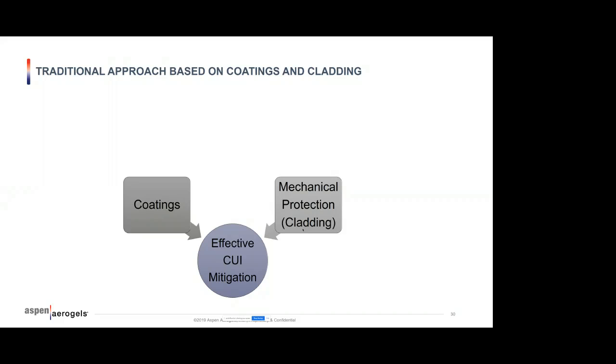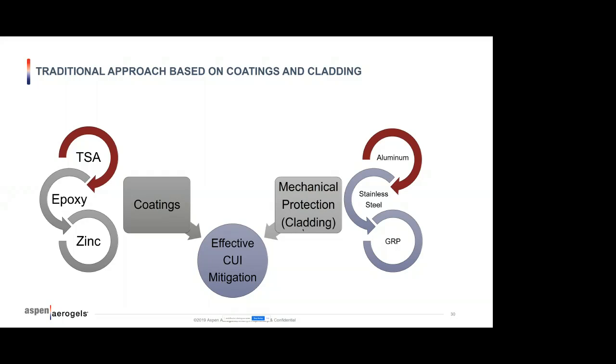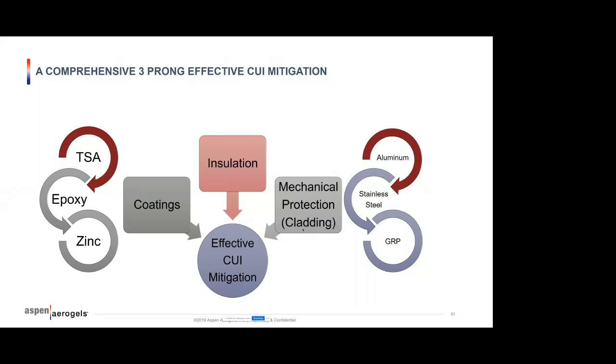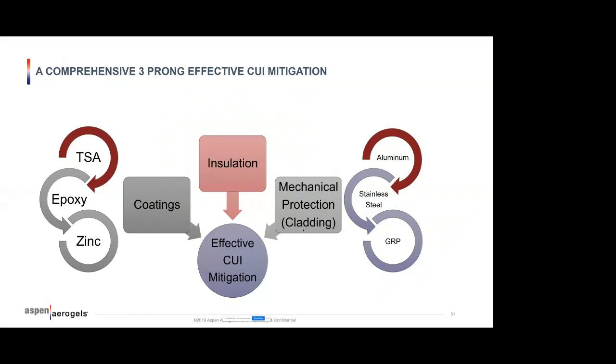So what we're saying, just to finish off, coatings and mechanical protection like cladding help towards your effective CUI mitigation strategy. But what's also really important, as well as the mechanical protection and the cladding and so forth, is your insulation. Traditional insulation products are there, and people tend to use their coatings and mechanical protection to mitigate for the limitations of those insulation products, basically.